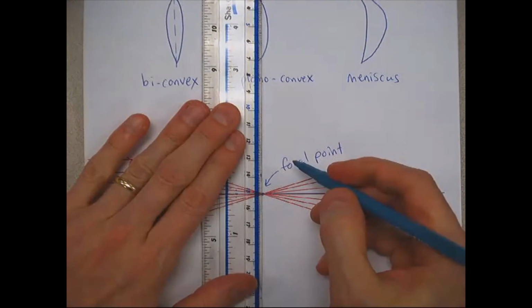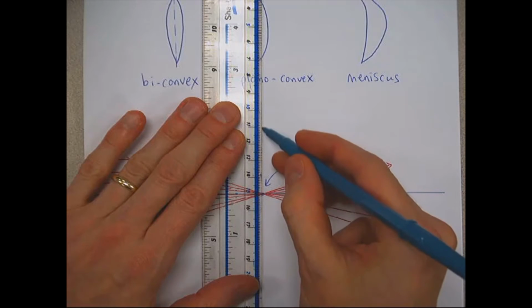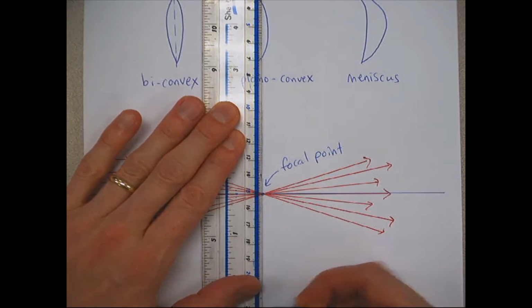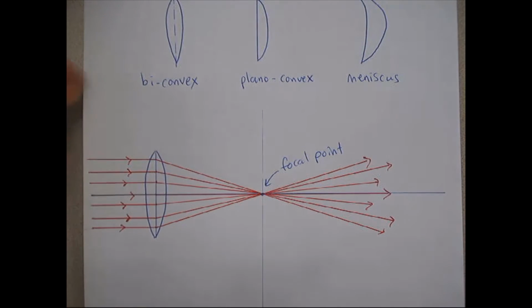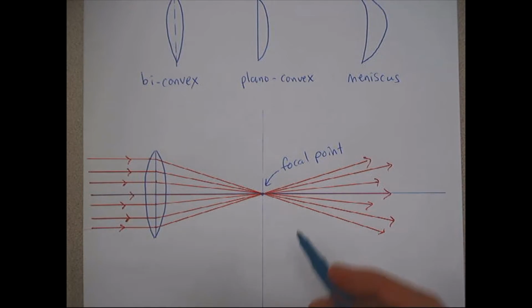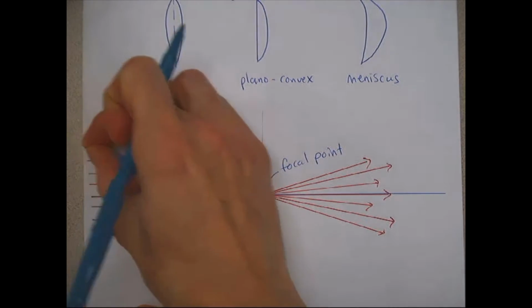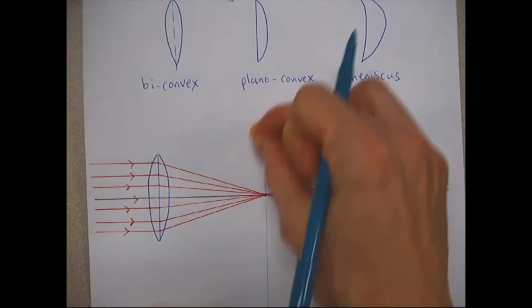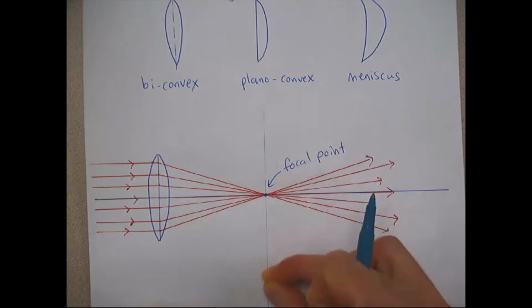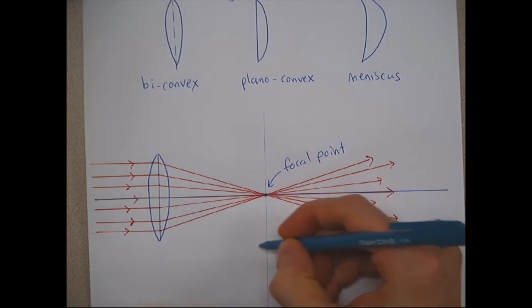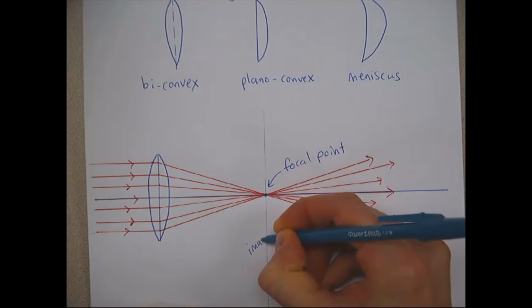And if our distant object is extended, meaning there's light coming from different locations on the object, each location on the object itself will have a corresponding point on what we call the image plane.